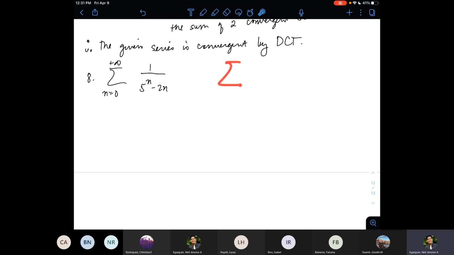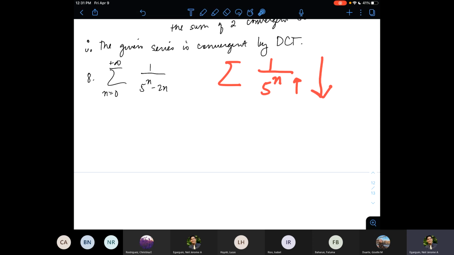What if I compare it with 1 over 5 to the n? If I compare it with 1 over 5 to the n, I made the denominator larger, right? Because that means I ignored a negative term. So the denominator now is larger.